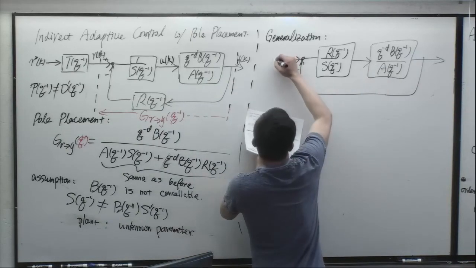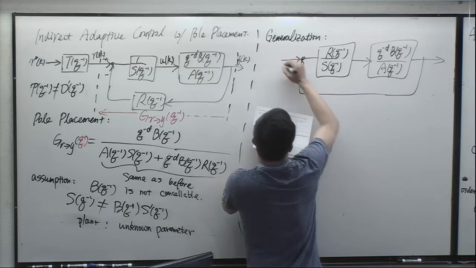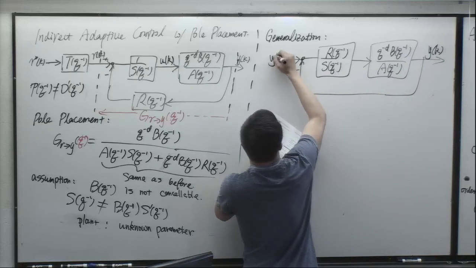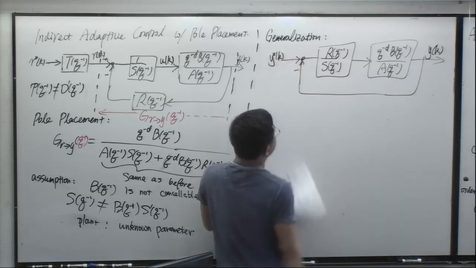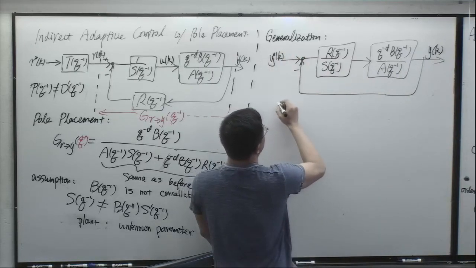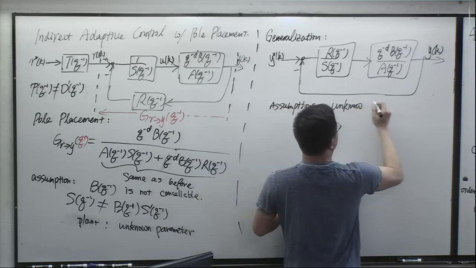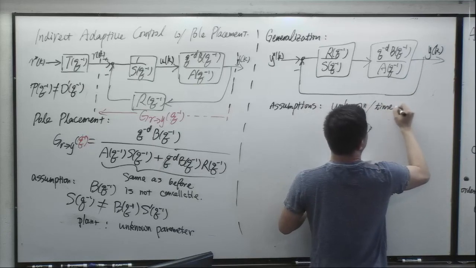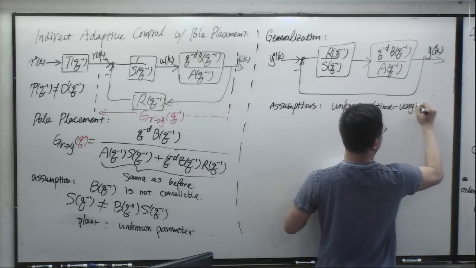So we can still do pole placement type of design. So assumptions are, the plant parameters can change.